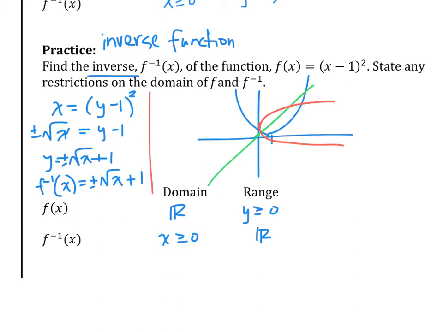So either way, we would be able to make a function. What we usually do is keep it positive. So instead of having a plus minus, we would just have a plus. Okay, and then add 1 on both sides. So then the inverse function becomes y equals square root x plus 1. Notice how I'm calling this an inverse function now.